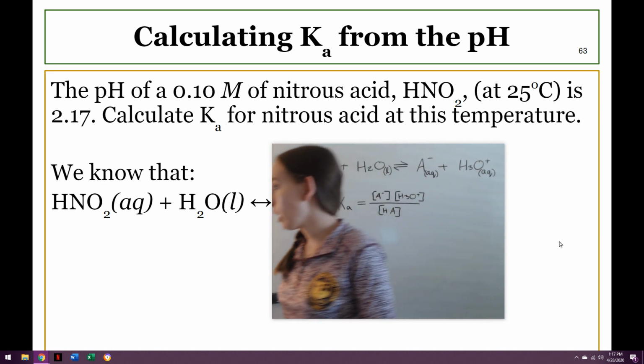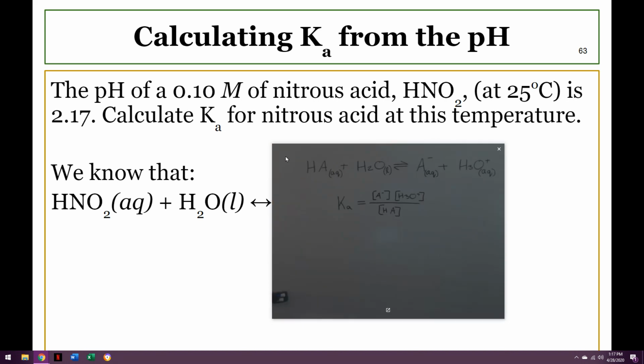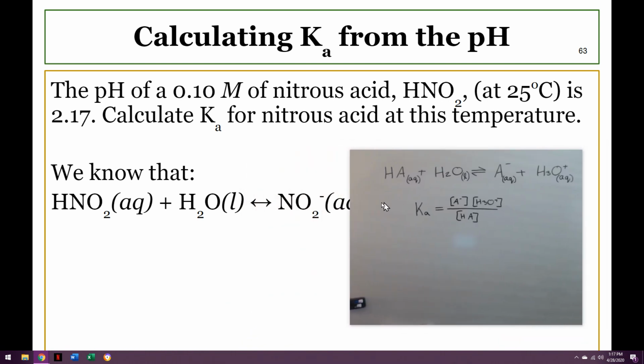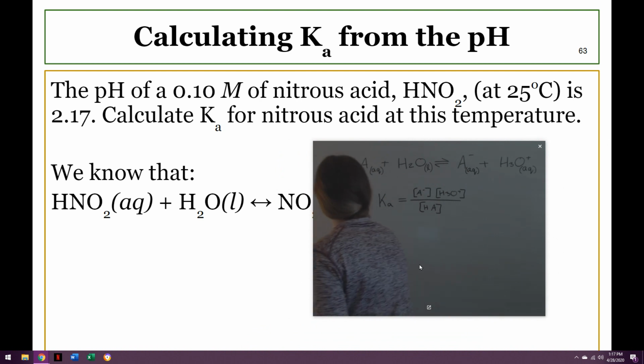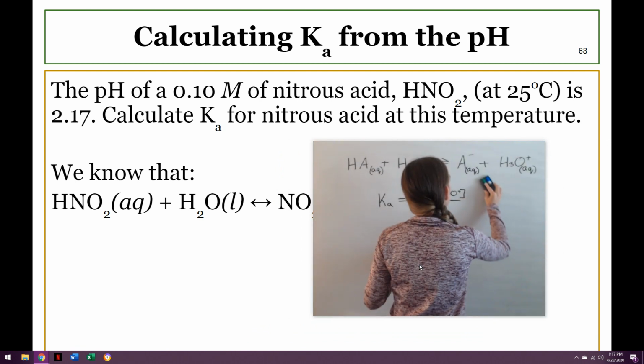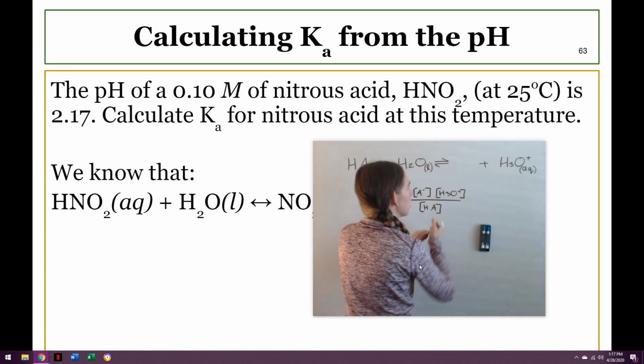So we have our chemical reaction. We have our acid and water, and we have our conjugate base NO2- and H3O, which means we can come up with our Ka equation quite simply. Let's go ahead and just adjust this.